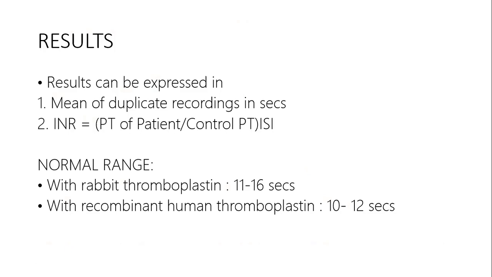If we do a duplicate of that specific process, we get the mean of the two results. And that is the PT or the prothrombin time that will be recorded in the results of your patient. So the mean of the two PT results will be the final PT or prothrombin time of the patient.